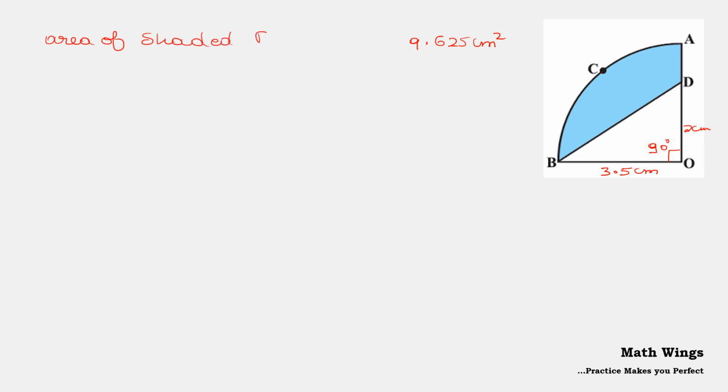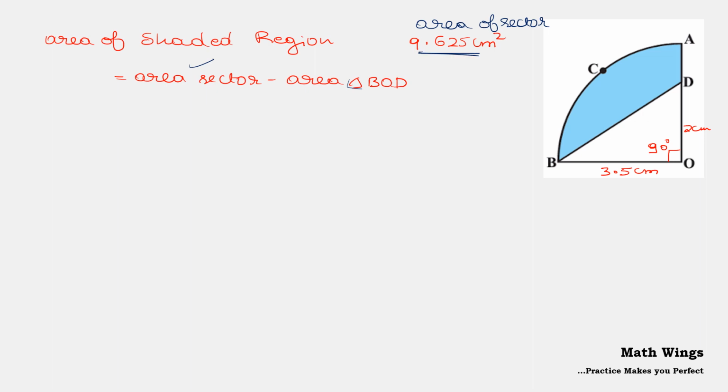Area of the shaded region is equal to area of sector minus area of triangle BOD. Now let us find the area of sector as well as the area of triangle BOD. We have already found the area of the sector, so no need to find it again. It is 9.625.